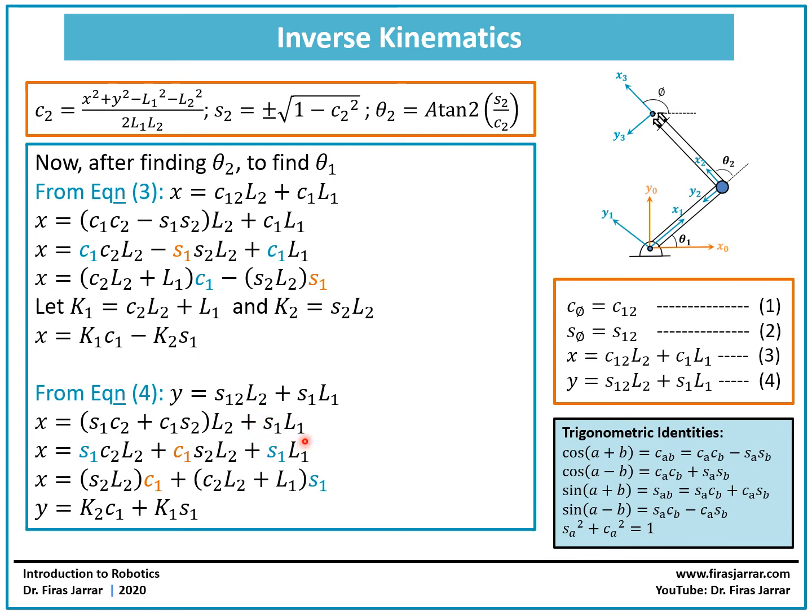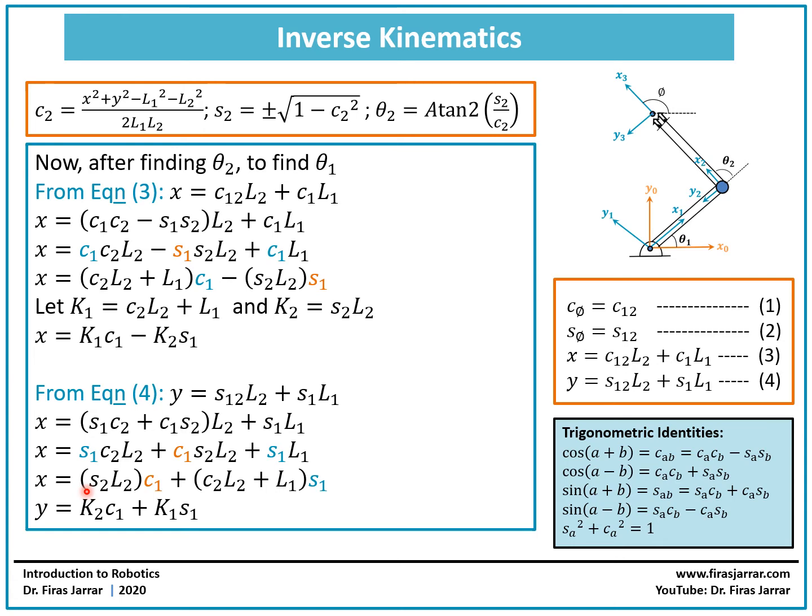sine theta 1 L1. I'm going to rearrange and group some terms together, the terms that contain S1. So we'll have cosine theta 2 L2 plus L1, all together between parentheses, multiplied by S1. And what's left here is S2 L2, multiplied by C1, which is cosine theta 1.